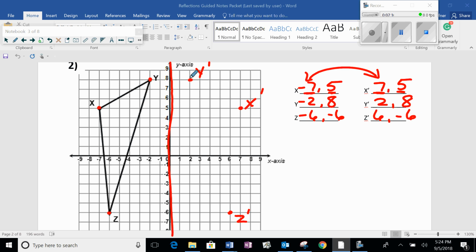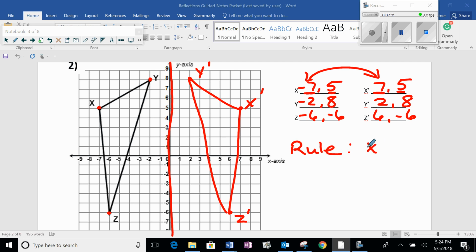I'm going to connect those dots. Sorry, my lines are not very straight. You would definitely want to use a ruler or a straight edge when making that triangle so that it does actually look like a mirror image. And there we go. So our rule, I'm not going to scroll the page down, but I'm going to write the rule right here.